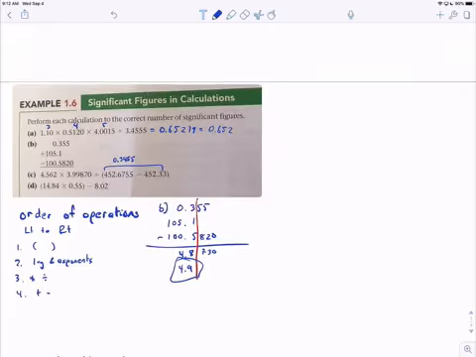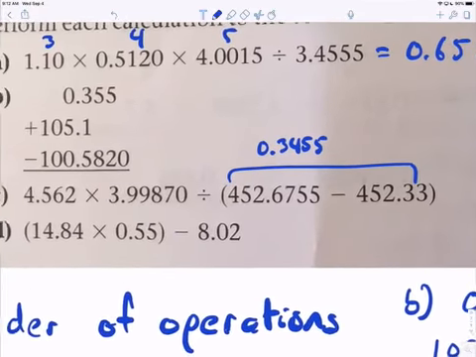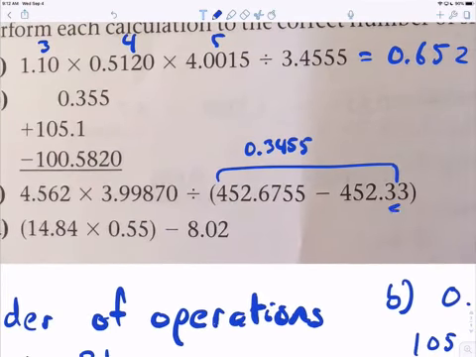It only has 2, because you're only sure. Actually, let me use a highlighter. That might be easier. You're only sure for these to the 10th place. So this answer that you get really only has 2 sig figs.